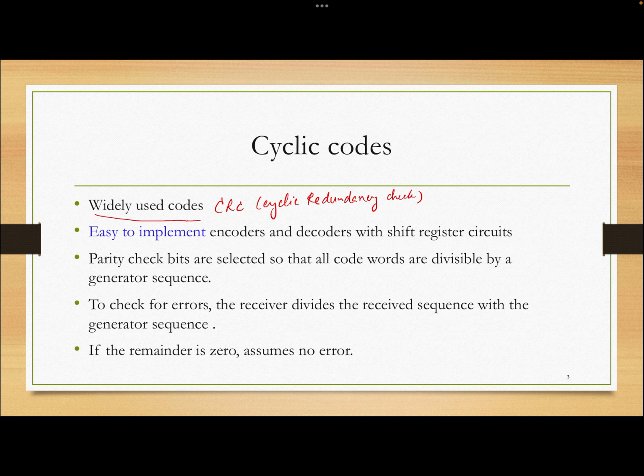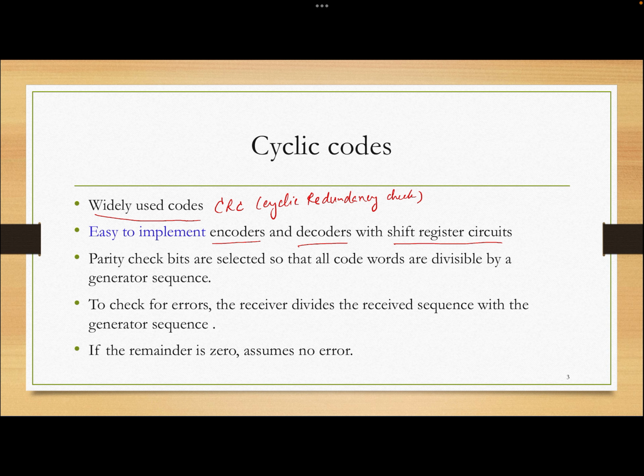You hear this name sometimes when you talk about protocols. It is easy to implement. The encoder and decoder are easy to implement with shift register circuits, and we'll talk about this later.